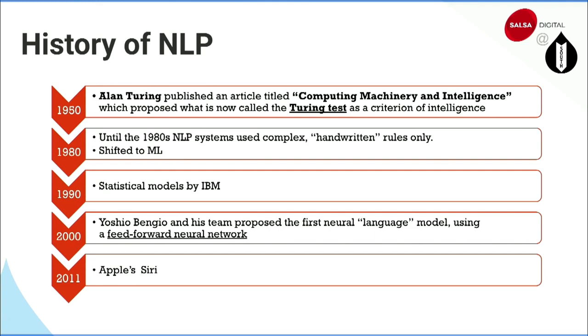Then in 2000, there was good progress because Yoshua Bengio and his team proposed a neural language model using a feed-forward neural network. That is where NLP combined with deep learning and machine learning.